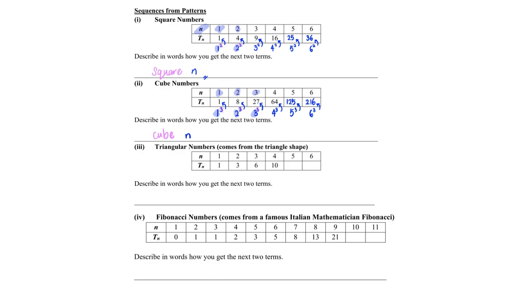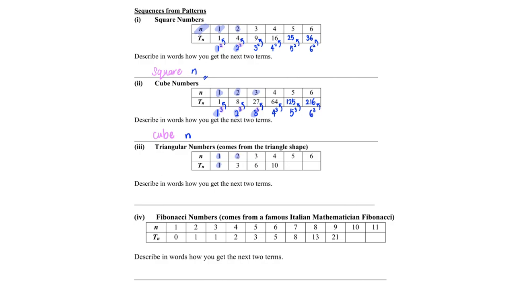Triangle numbers come from the triangle shape. Let's see what triangular numbers are. In this case here, if n is 1, it is 1.